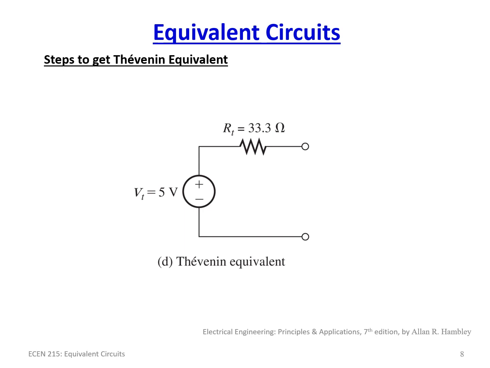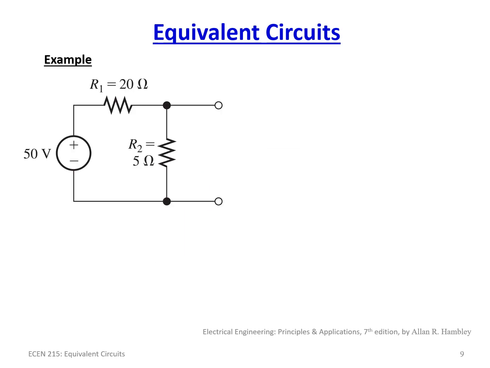So let's do another example. Here we have a 20 ohm and a 5 ohm with a 50-volt power supply. This here is very similar to obviously the circuit we just did. So the question is, what is VT?